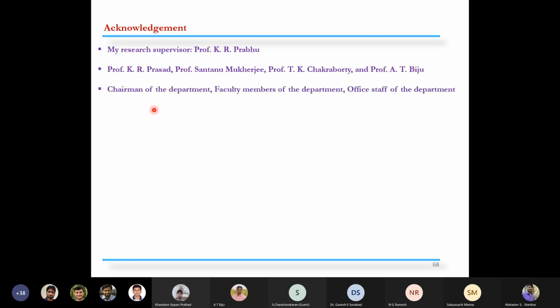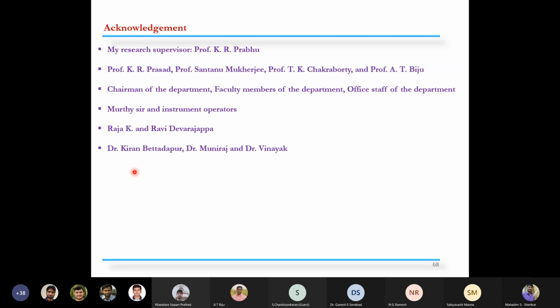I would like to thank the Chairman of the department, faculty members of the department, and office staff of the department. I would like to thank Murthy sir and instrument operators who helped me analyze my compounds by NMR whenever I needed. I would like to thank my colleagues Rajake and Ravi Devarajavappa who helped me finish a couple of projects.